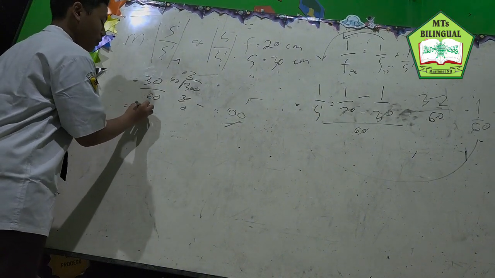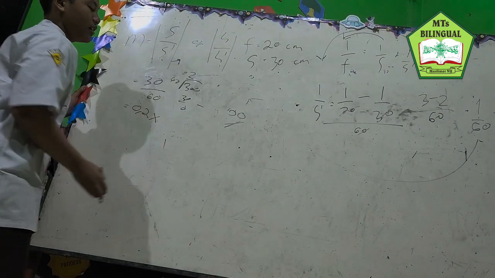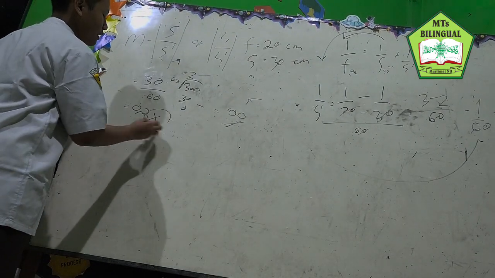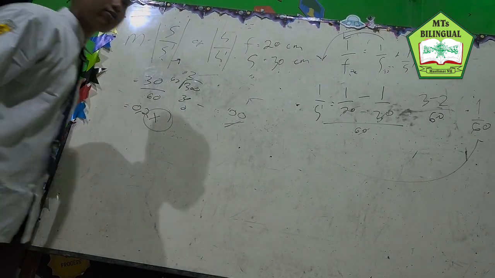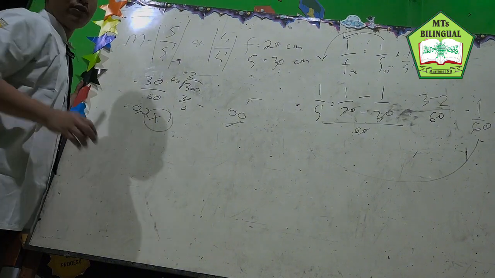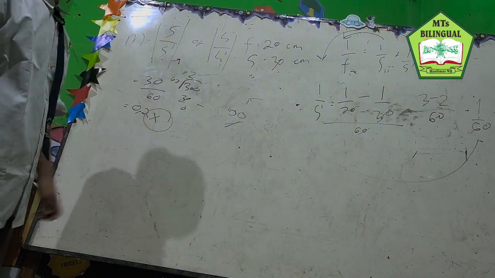The unit for magnification is times, like when you zoom your phone, which means there is a magnification of the image.